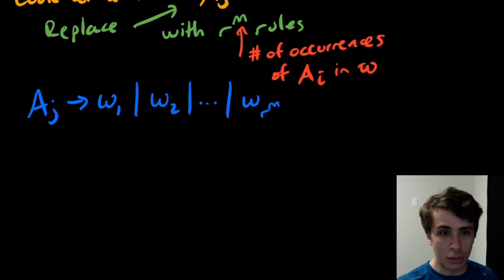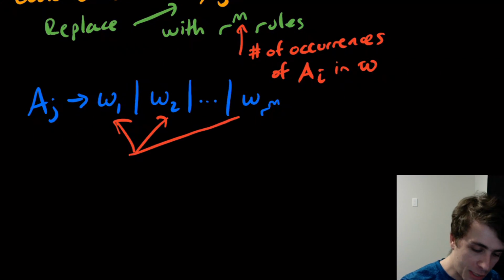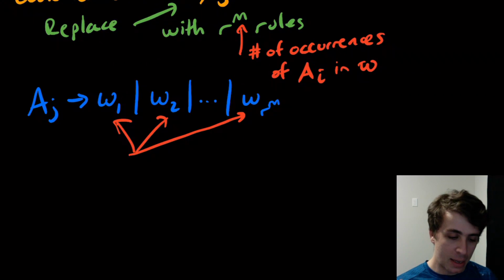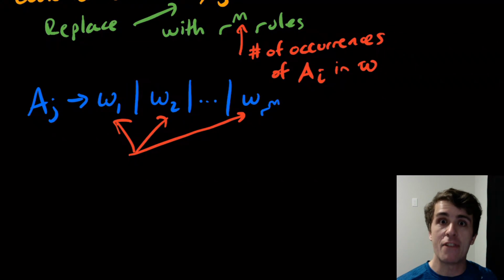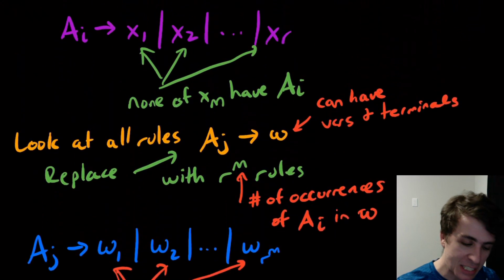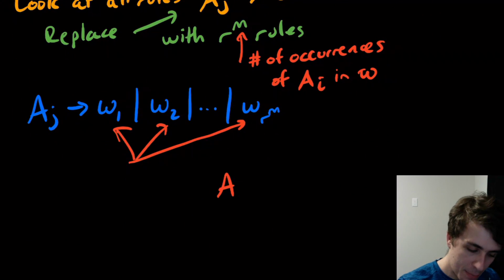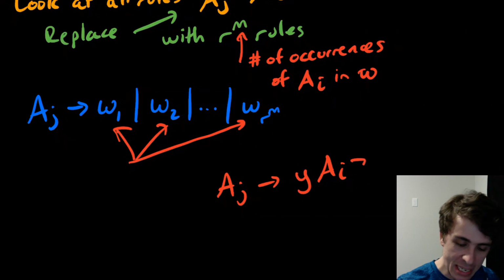So what we're going to do in each of these right here is going to correspond to some number of deletions of the AI variable. We're going to replace the AI variable with the right-hand sides it had originally. Let's just say that we had aj goes to y AI z.